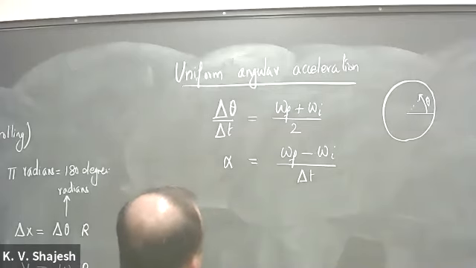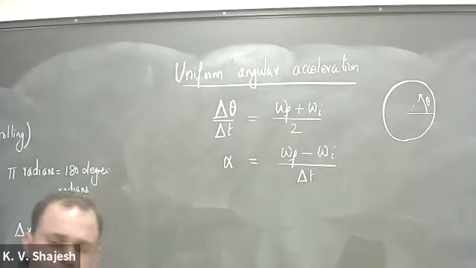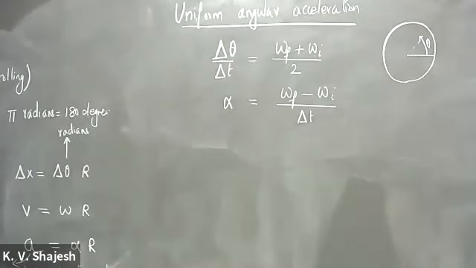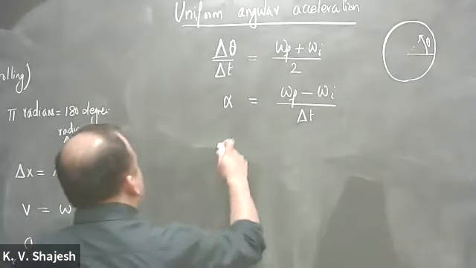Using these, I can manipulate, right? I can add these two equations, I can subtract these two equations, or I can even multiply these two equations. And we did this analysis while we were doing translational motion, and we can do the same thing here. The algebraic steps remain exactly the same, and what we get is the following.